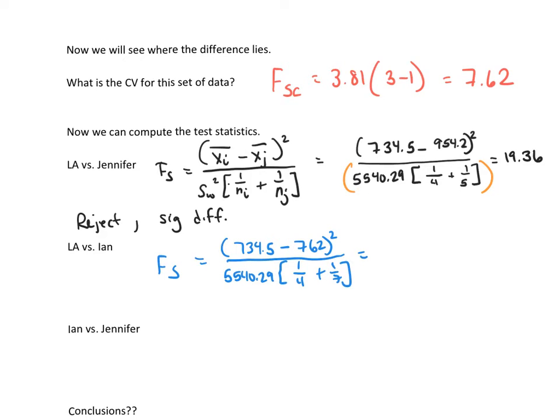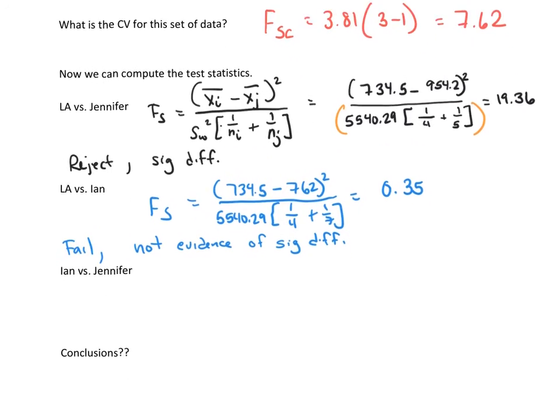So when I put this in, I only get 0.35, so very, very small value. So this is going to be a fail to reject, so there's no evidence of a significant difference. Again, just remember when it means to fail to reject, it still could be there, we just don't have evidence of it.